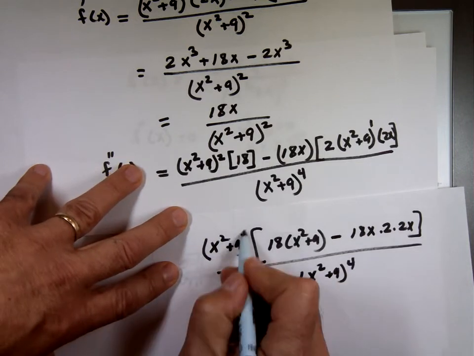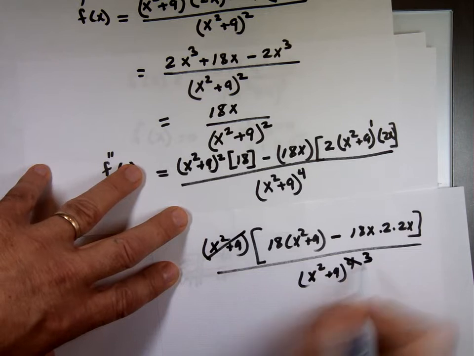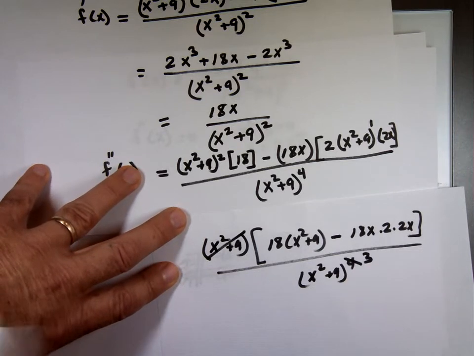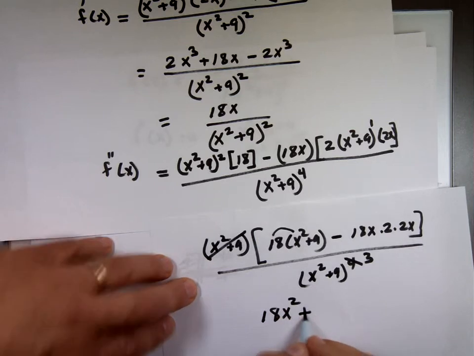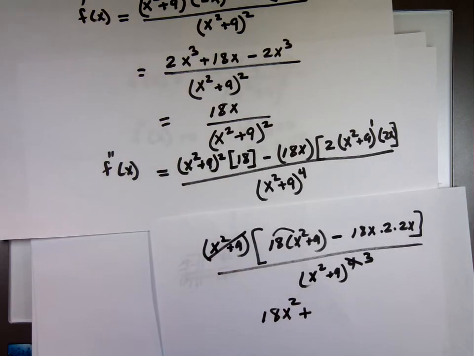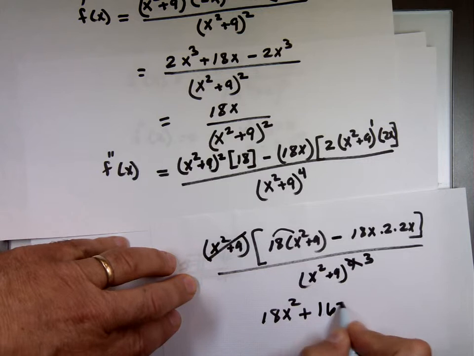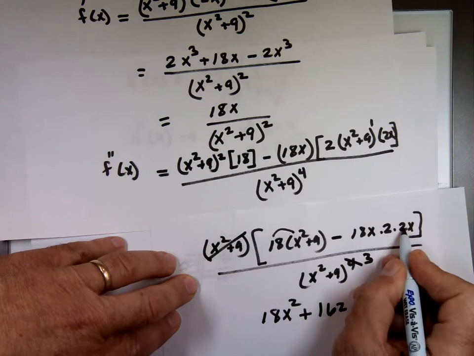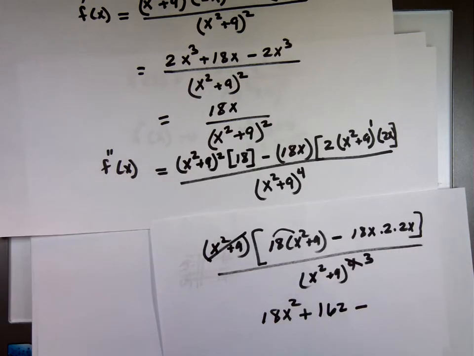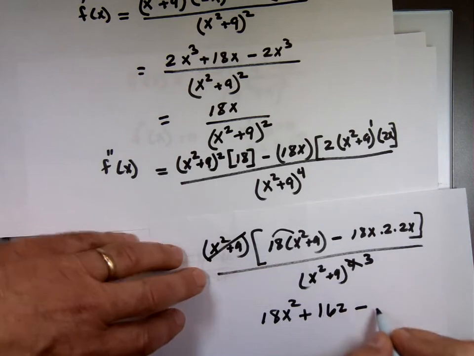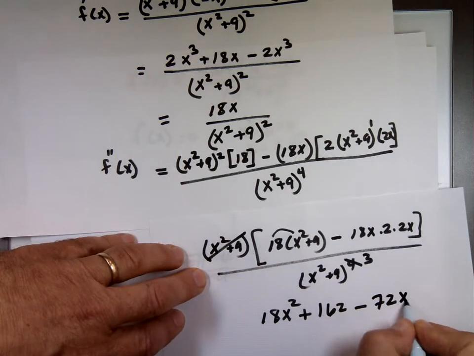So this one actually cancels one of these, so it leaves me now with 3 of them in the bottom. That's 18x squared plus 9 times 18, which is a big number. 9 times 18, 162, minus 2 times 2, 4, 4 times 18 is 72. Negative 72x squared.